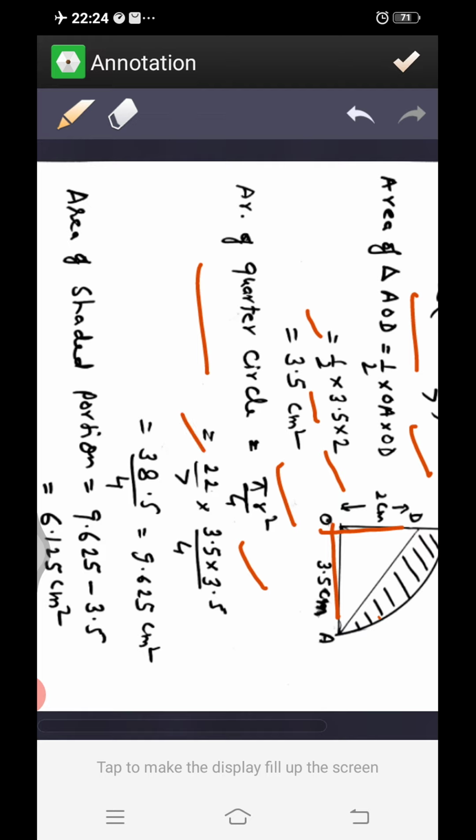Value of pi given 22 upon 7 into r square, that is 3.5 upon 4. On calculation we get 9.625 centimeter square. Then area of shaded portion will be area of quarter circle 9.625 minus area of triangle, so we get 6.125 centimeter square.